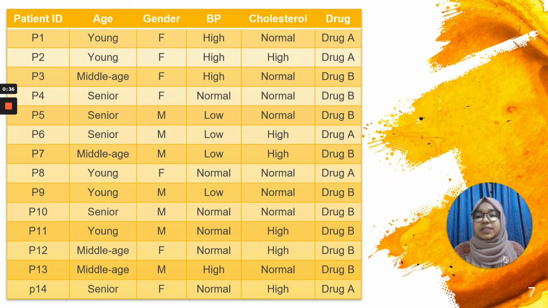Gender has female and male. Blood pressure has high, normal, and low. Cholesterol has normal and high, and drug has drug A and drug B. Now we have to calculate information gain and entropy, and finally we make a decision tree.